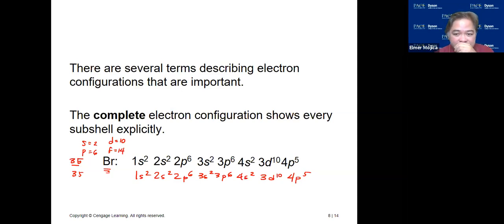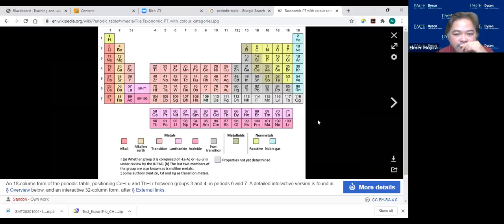If you have the periodic table with you, the easy way is to use that periodic table. I'm going to show you a periodic table. So you have this periodic table here. What are we going to do? We find where bromine is.